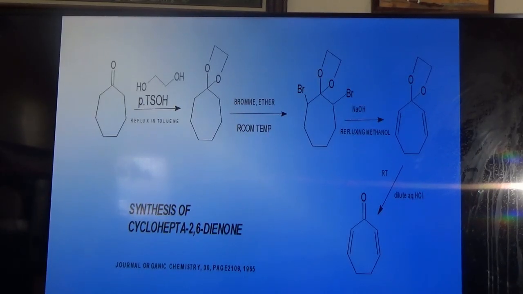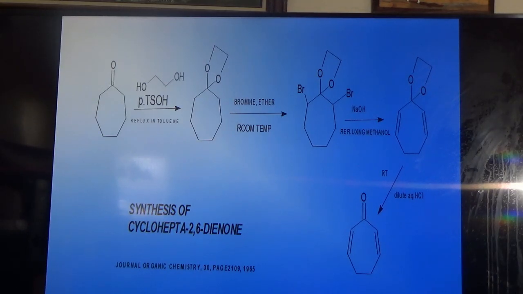How he made the cycloheptadienone was described in another article, published in 65. One starts with cycloheptanone and makes the ketal with ethylene glycol by refluxing in toluene with a phosphoric acid catalyst.